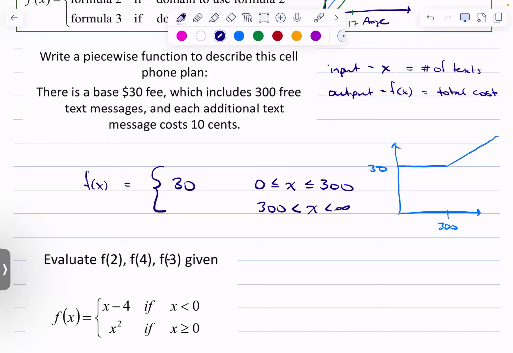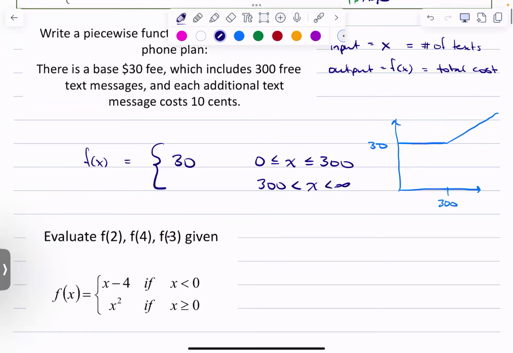So if x is the number of text messages, then what if we did something like this? Start with 30. Here, let's start at 30.